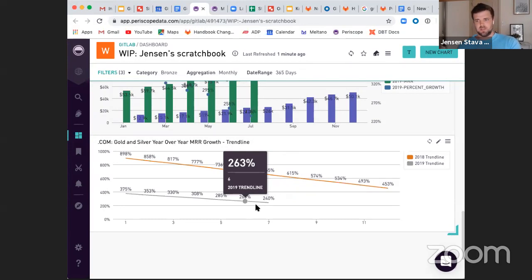This is a hypothesis of mine. I haven't proven this out yet exactly, but what we're seeing is that those customers are not attaching and finding value at the same rate as gold. So we're doing a really amazing job at those higher dollar packages of extracting value for those customers, but not at these lower dollar packages.